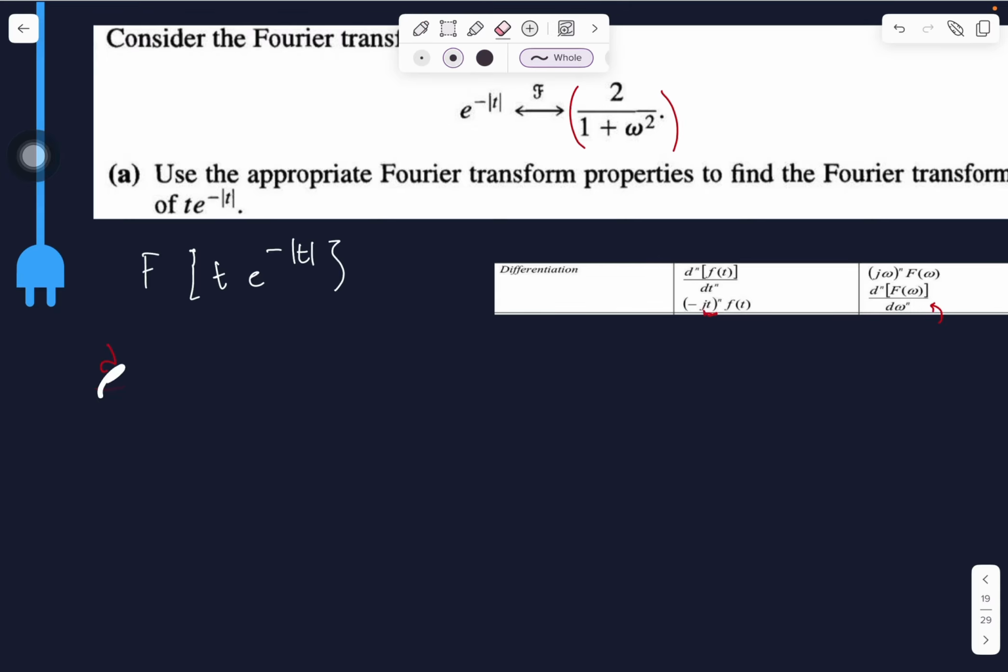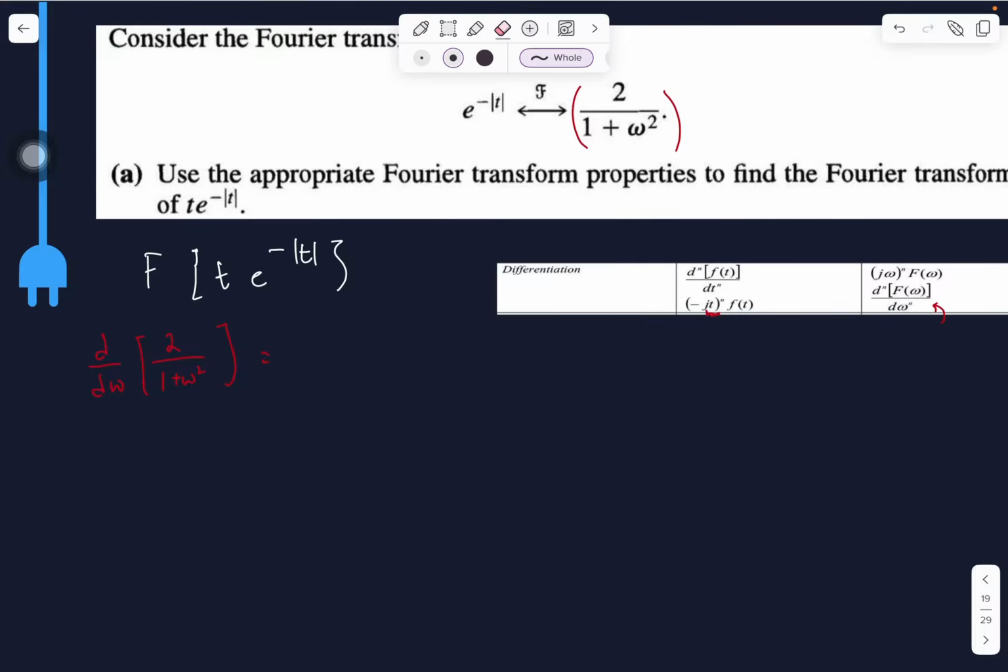So d over d omega of 2 over 1 plus omega square. ممكن نستعمل أي قانون، minus 2 omega divided by (1 plus omega square) all square. بعدين ده الانفرس Fourier transform حقه، (1 plus omega square) all square.